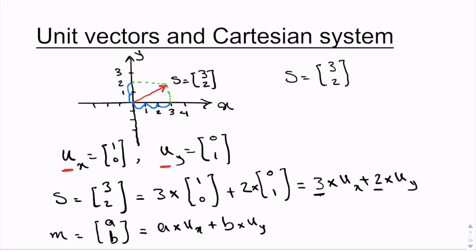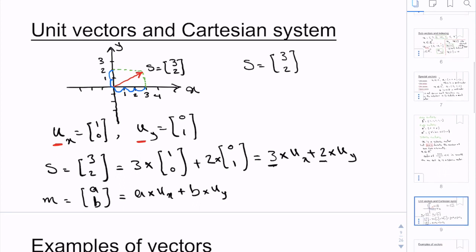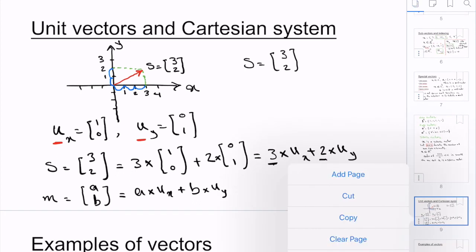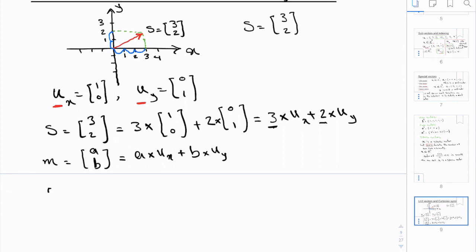This idea can be generalized to any other space. So in general, if I have a vector x belonging to, say, Rn, then I can define the unit vectors and express this vector in terms of the unit vectors.